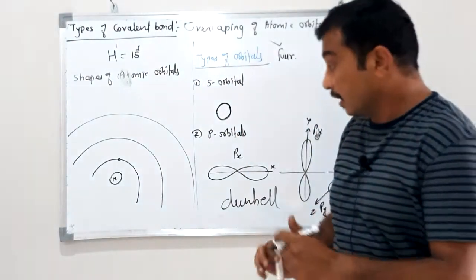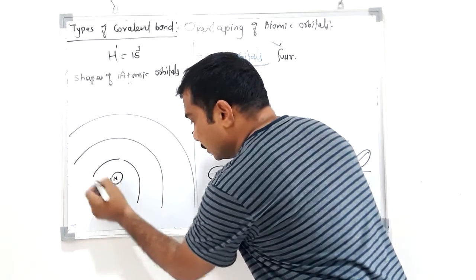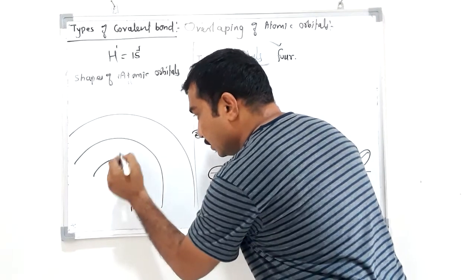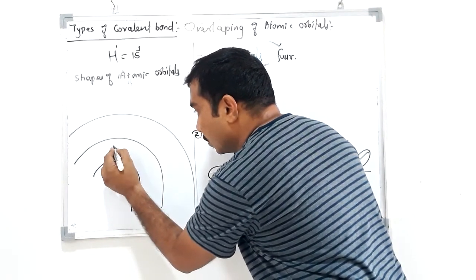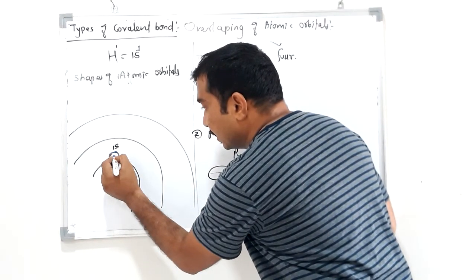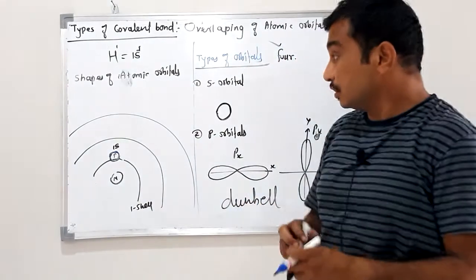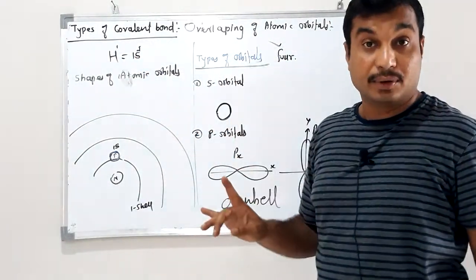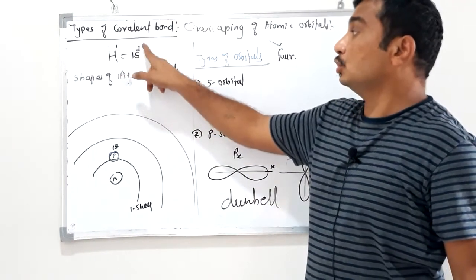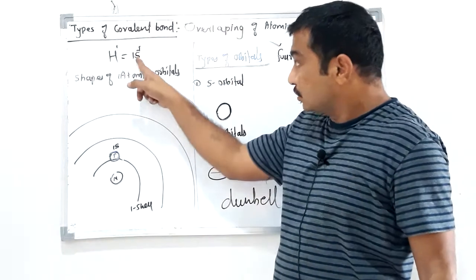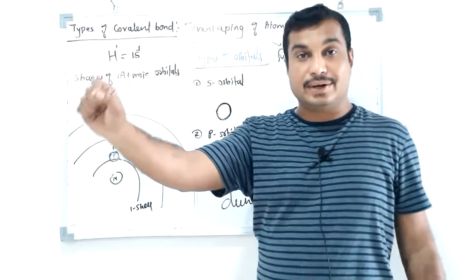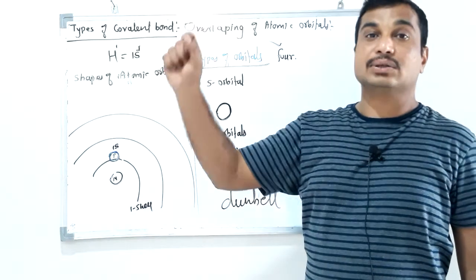That is the meaning. Here this is the first shell, and this first shell has a 1s orbital, and this 1s orbital has an electron. This is the meaning of 1s1. We can identify the position of the electron by this notation. 1s1 means the single electron of hydrogen is present in the 1s orbital.